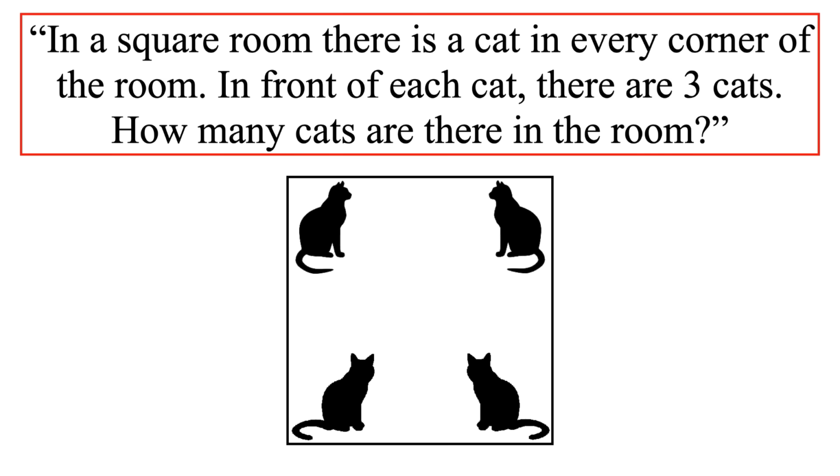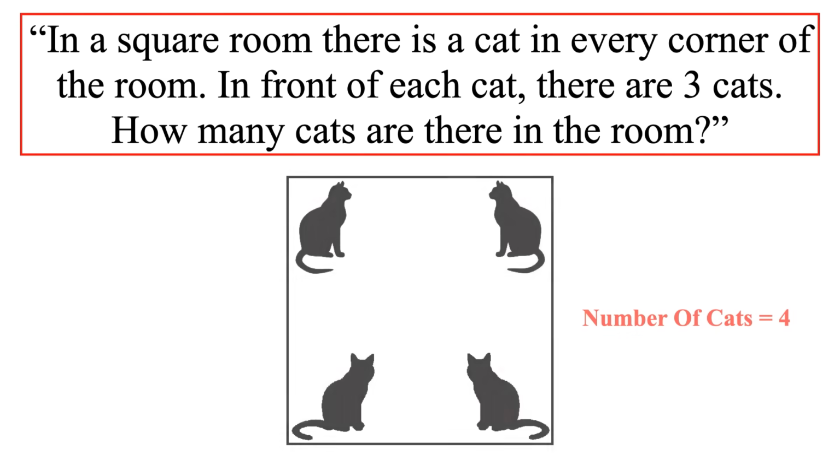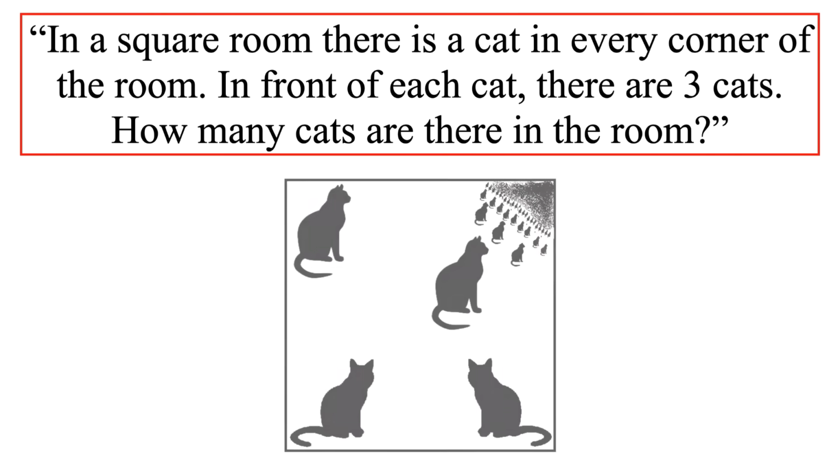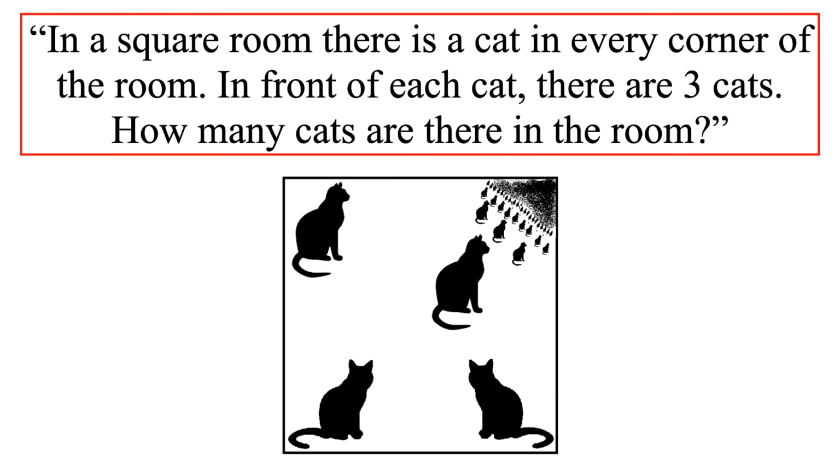If the 4 cats are all facing each other, then each cat is facing 3 cats from the other corners. Therefore, there are still 4 cats in total. But if any one of the 4 cats turns and faces their respective corner, then there will be infinite cats. This is to meet the condition that each cat faces 3 cats. It is a result of recursion without a terminating condition. Thus, in this approach, the answer is ranging from 4 to infinity.